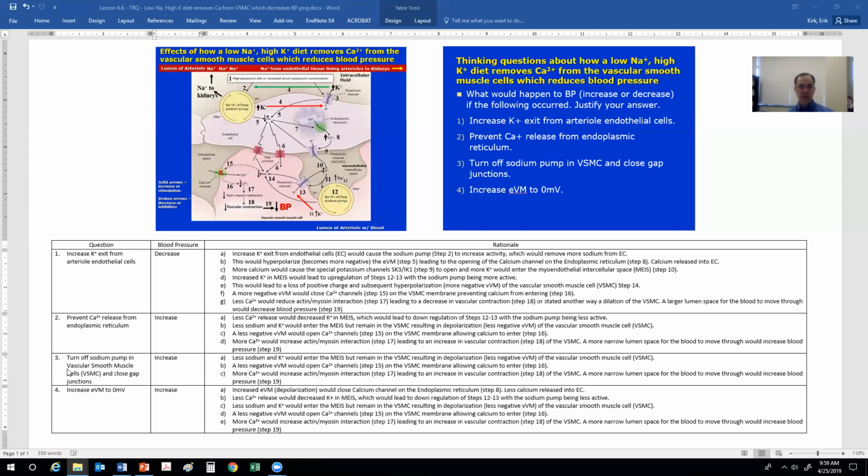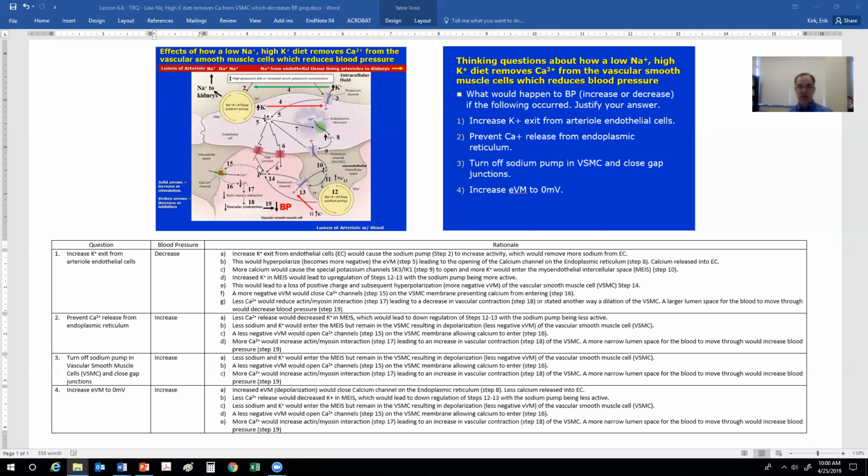Number 3, what would happen if you turn off the sodium pump in the vascular smooth muscle cell and you close the gap junctions? So the same thing here is if you prevent the sodium pump from removing sodium, more sodium would remain in the vascular smooth muscle cell. That would then prevent the hyperpolarization, along with a reduction in hyperpolarization coming from the gap junctions.